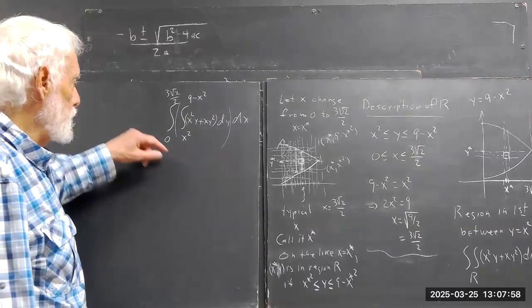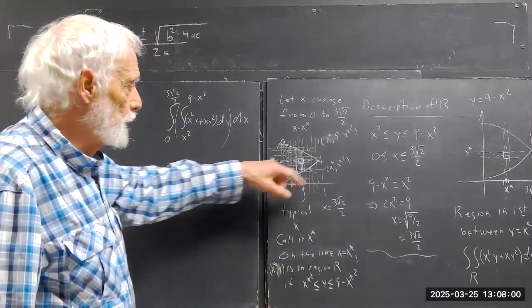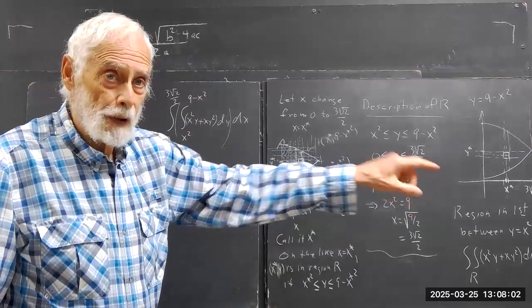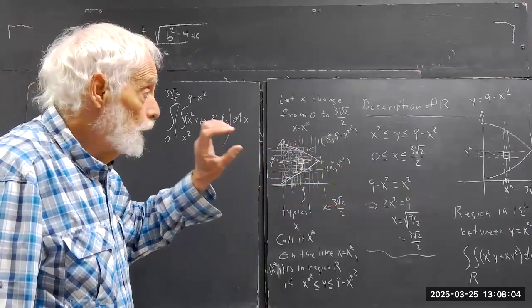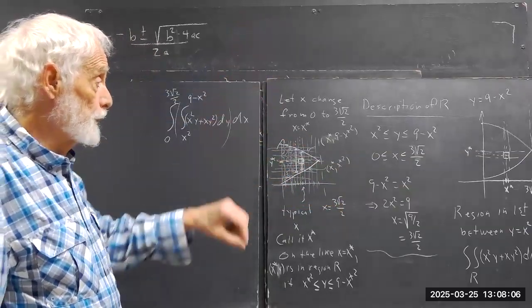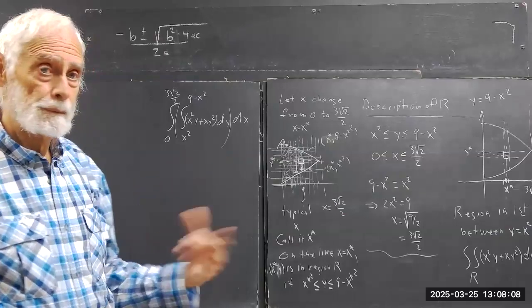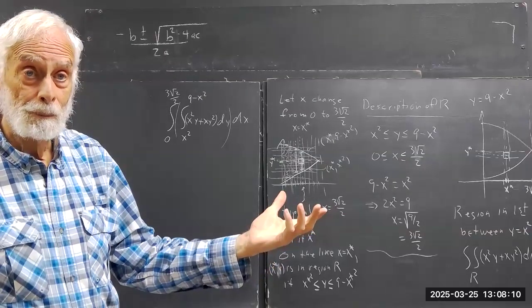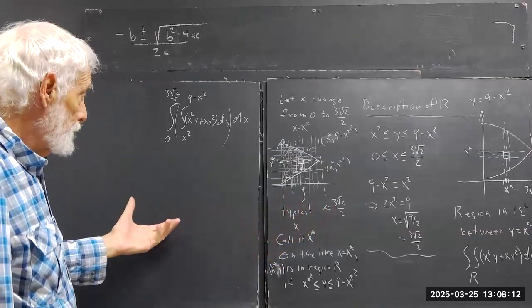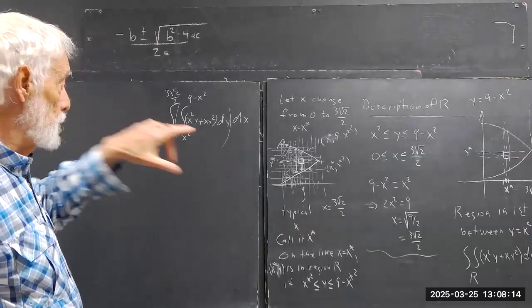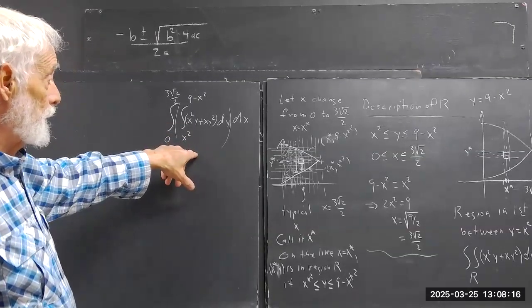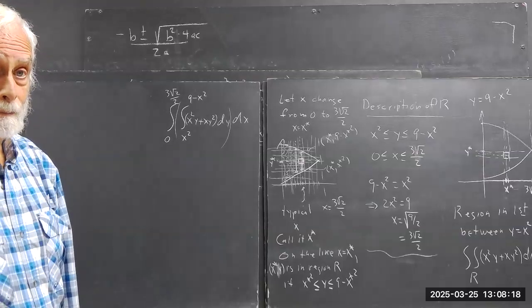So we understand I'm letting x go from 0 to 3 square root of 2 over 2. And then for every x, letting y go from x squared to 9 minus x squared defines this region. Okay. So without going into too much detail, this is how we get that integral.